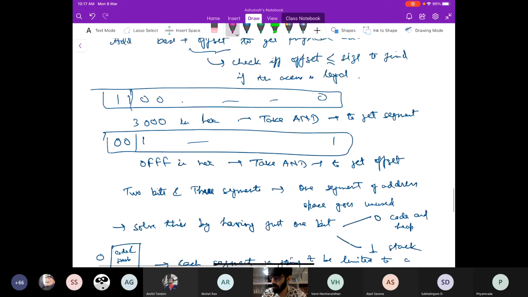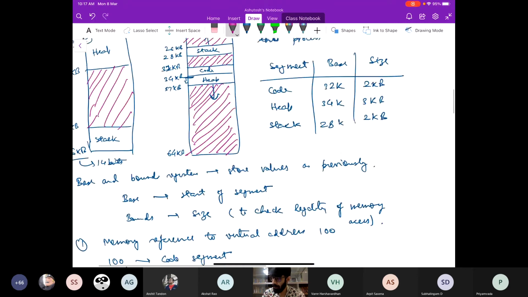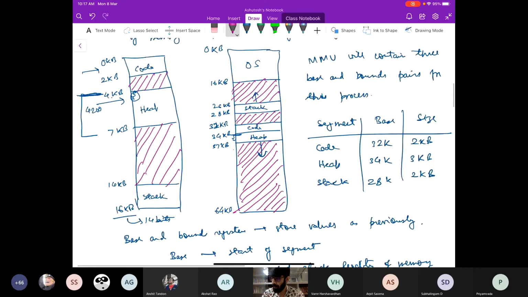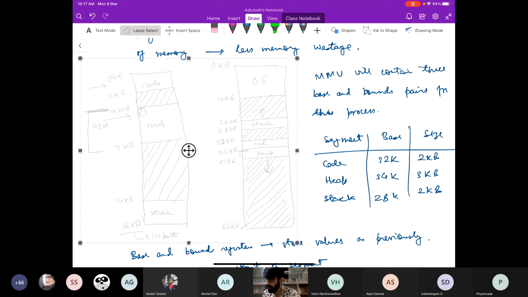So let's go to the diagram again, or let's see if I can copy it. Can I copy? Can I just move it?